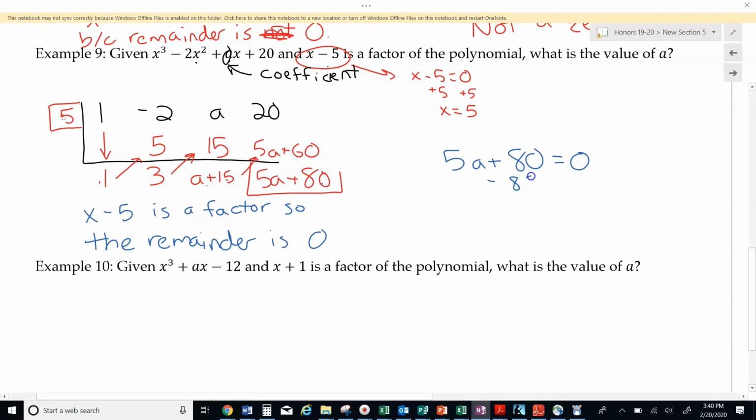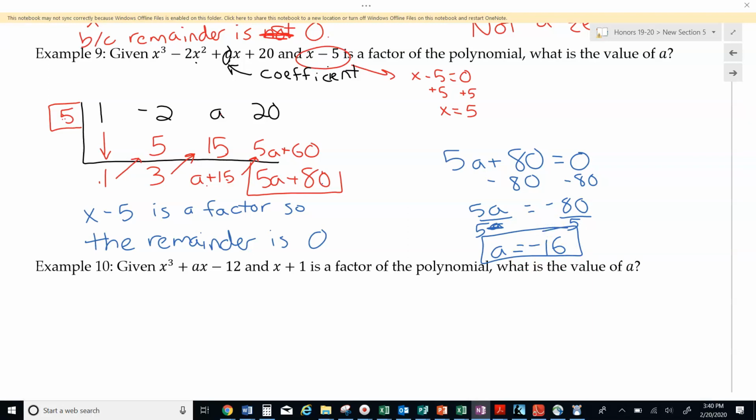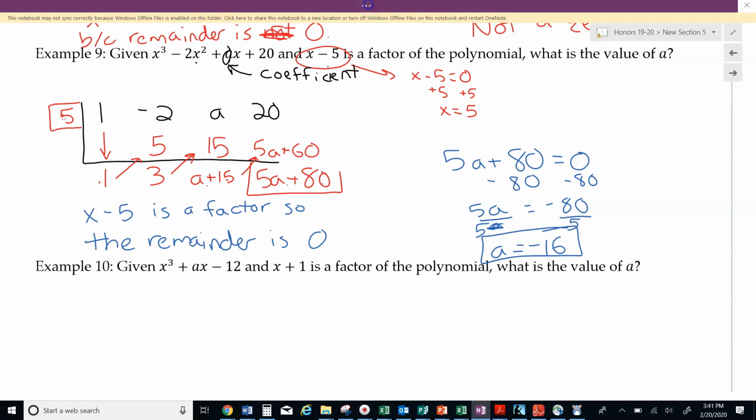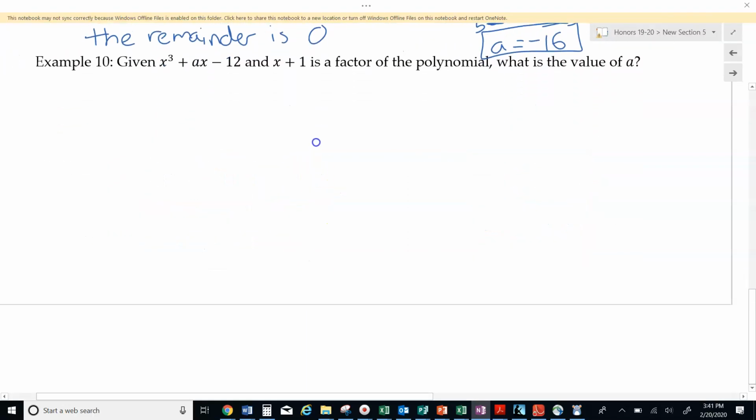I'm going to subtract 80. I have 5a equals negative 80. I'm going to divide by 5. And I believe we get negative 16. Okay, so we can solve for this weird coefficient if we're given a factor because we know this has to be equal to 0.